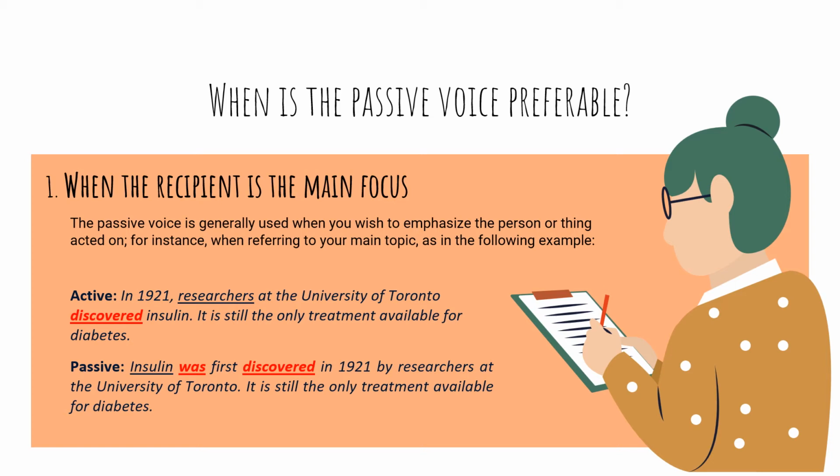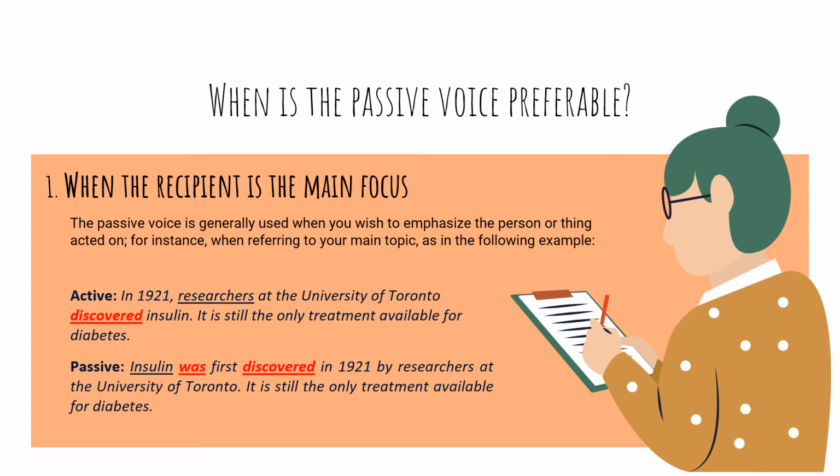In active form, the sentence will be: In 1921, researchers at the University of Toronto discovered insulin. It is still the only treatment available for diabetes. Let's see the sentence in passive form.